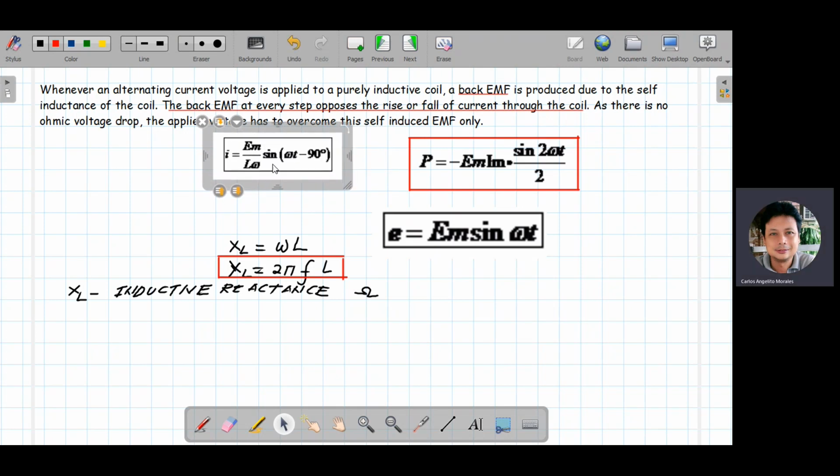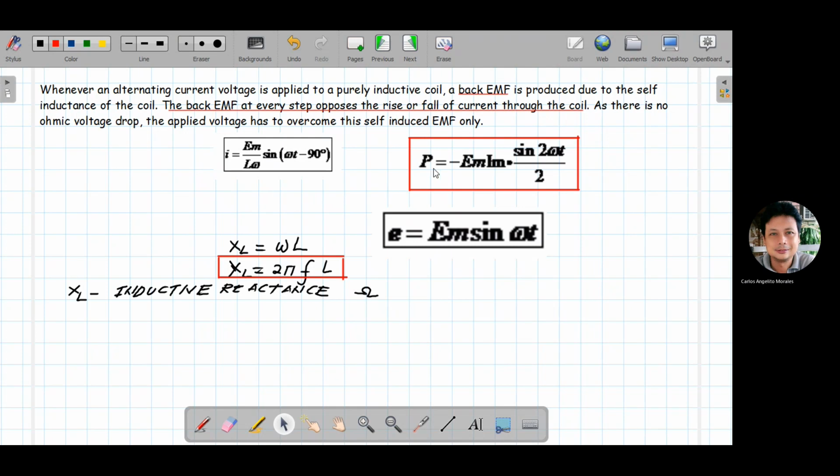I maximum to actually. Yung power, E maximum times I maximum times sine 2 omega t over 2. And yung E is E maximum sine omega t.